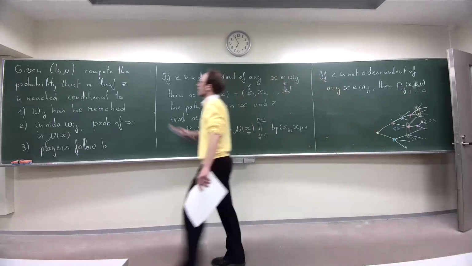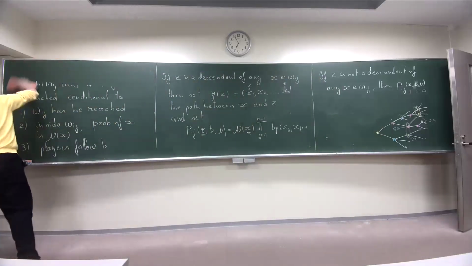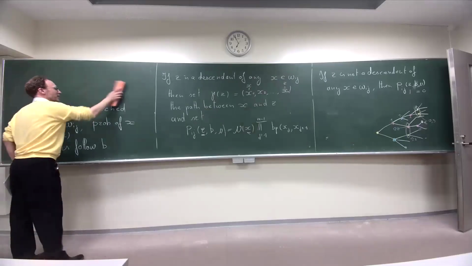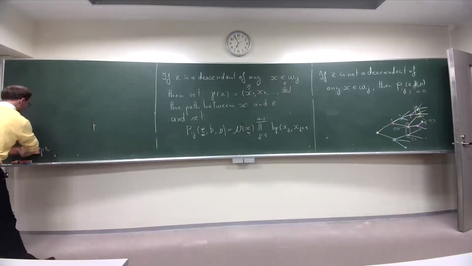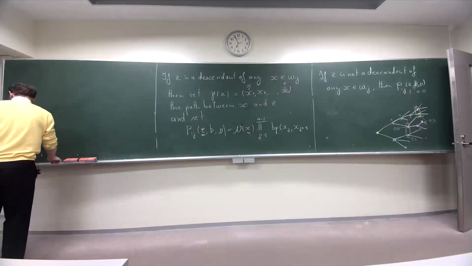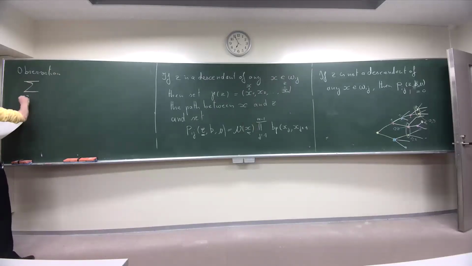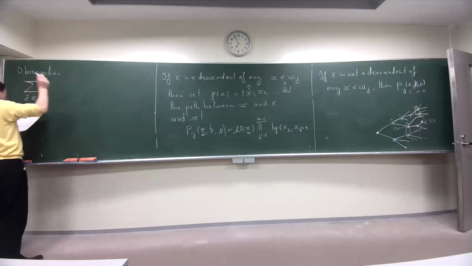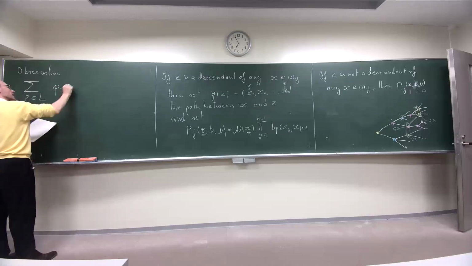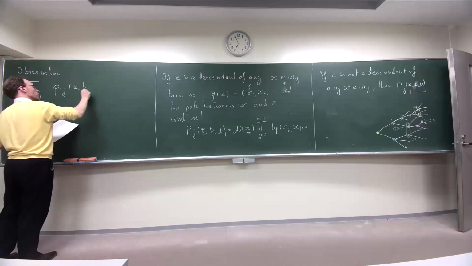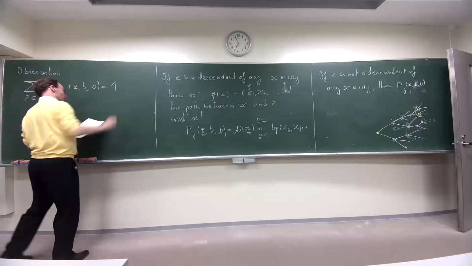And now an exercise, which is too easy. So nobody has really to do it, but you can think about it. We again have a probability. So, observation: the sum over all z which are leaves of Pij of z, b, mu is 1.